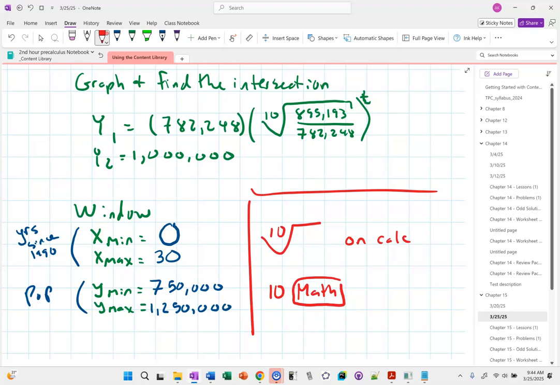Then you'll pick the math button and you'll pick command 5. And you should have a 10th root then in there after that. At least it's command 5 on my calculator.